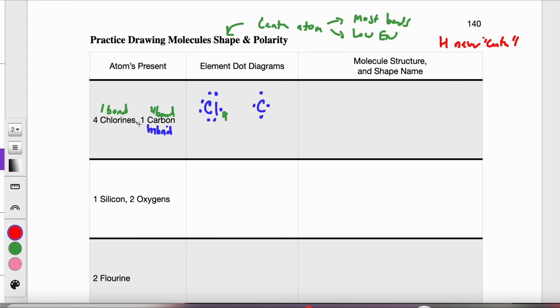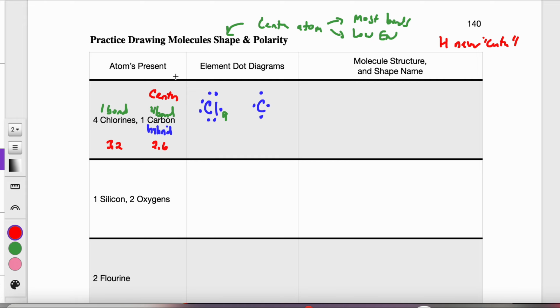So when I take a look here, if I look up the electronegativities, chlorine has an electronegativity of 3.2 and carbon has an electronegativity of 2.6. Carbon needs 4 bonds and it has the lower electronegativity. So that means that carbon is going to be the center, what I'm going to build around.